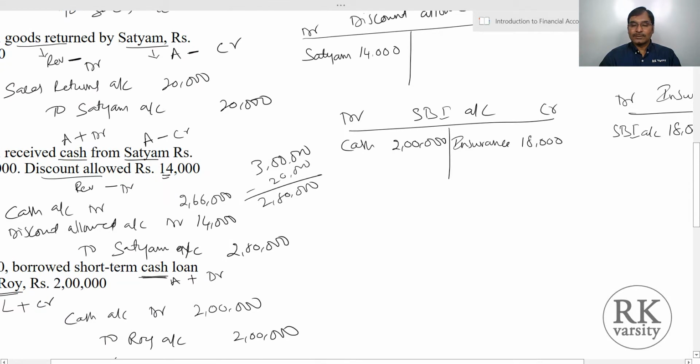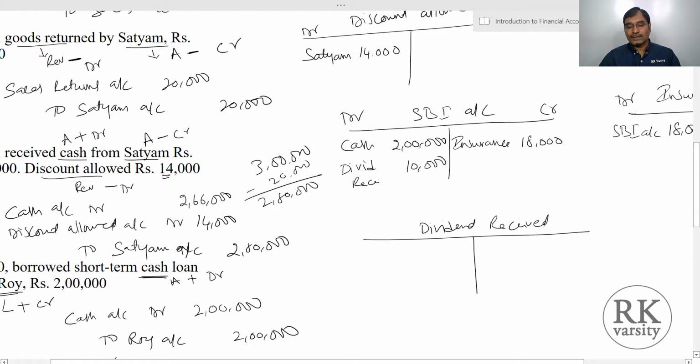So simply go to SBI account, then here we'll write dividend received 10,000, and we'll create a new account for dividend received. Dividend received is an income. So increase in income is credit, and this amount you deposited in SBI. So this is 10,000.